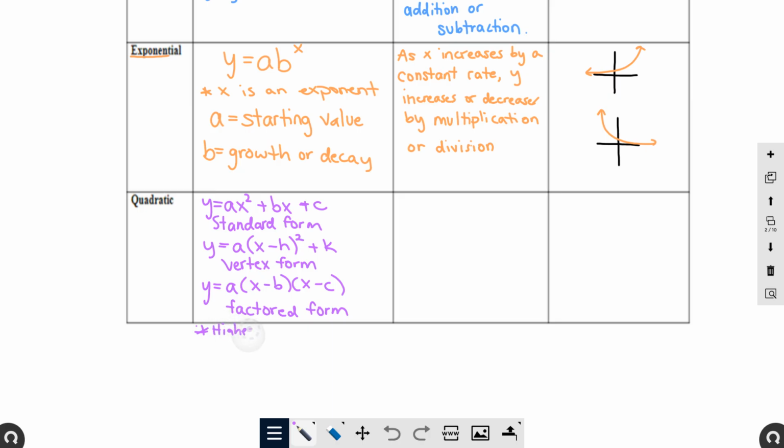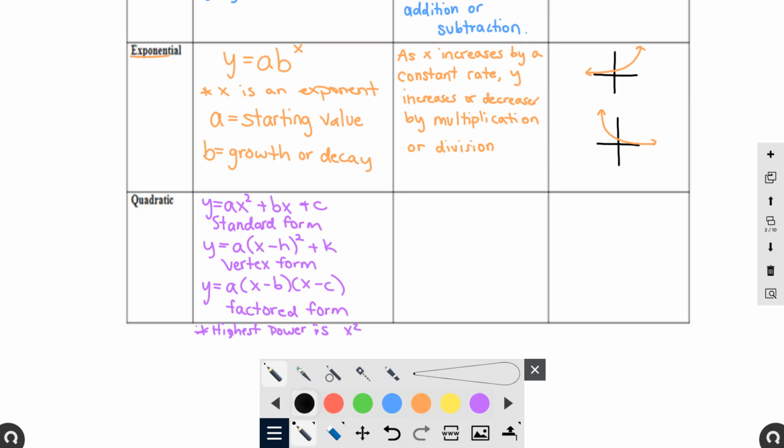Highest power is x squared. If it's x to the 3rd power, it's not quadratic anymore. We call it what? X to the 3rd? Cubic. Yeah. It's all coming back.